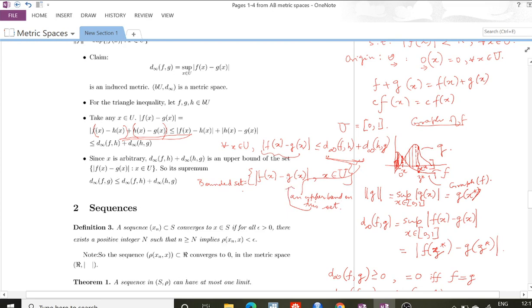And so the least upper bound on this set, which is exactly the sup of |f(x) - g(x)|, must be less than or equal to this upper bound. Okay? So the sup over these is exactly the distance between f and g, and therefore that's less than or equal to the sum of the two distances on the right.